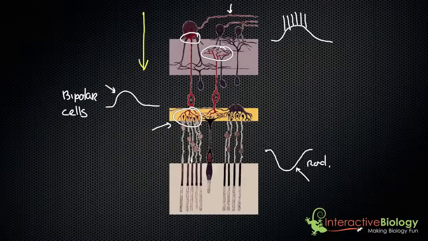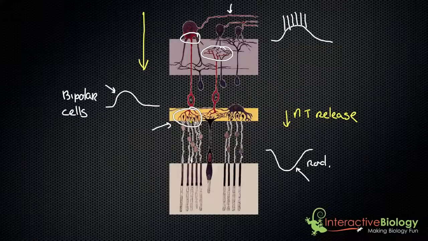In response to light, the rod hyperpolarizes, and we looked at the process as to how that happens. That reduces neurotransmitter release. So let me just write here: there's a decrease in neurotransmitter release.